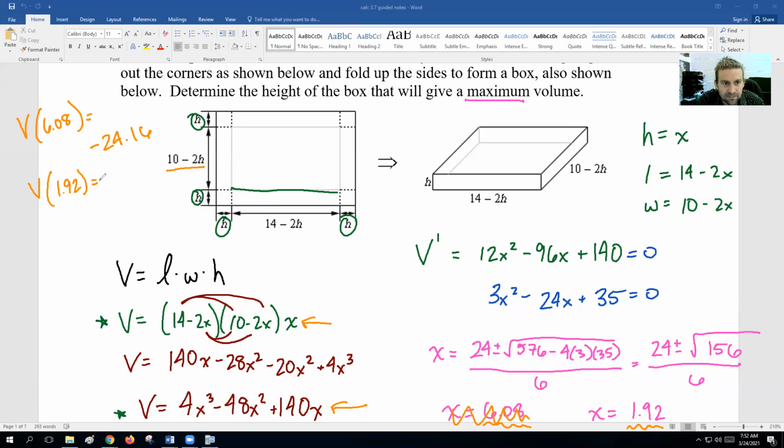We plug that in: 14 minus 2 times 1.92, times 10 minus 2 times 1.92, times 1.92. That comes out to be 120.16. All right, so that's lower, that's higher, that's the min. Here's our max.